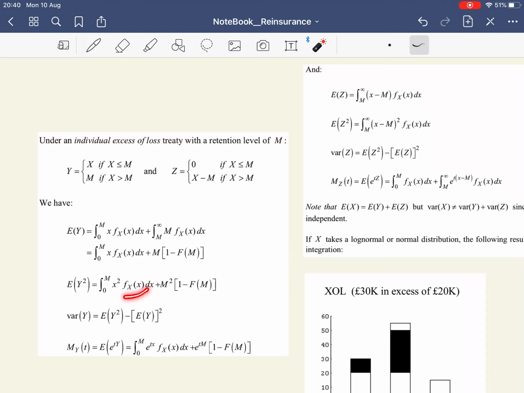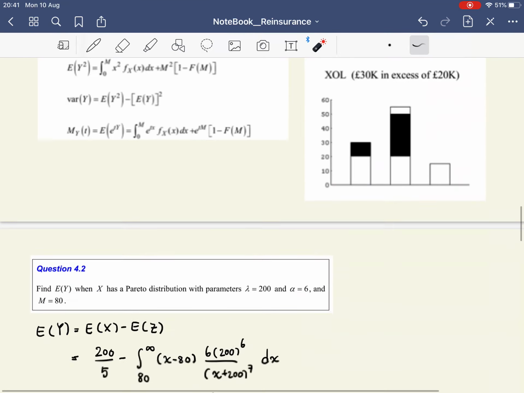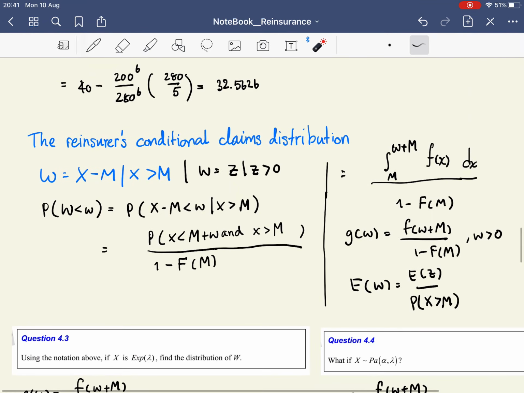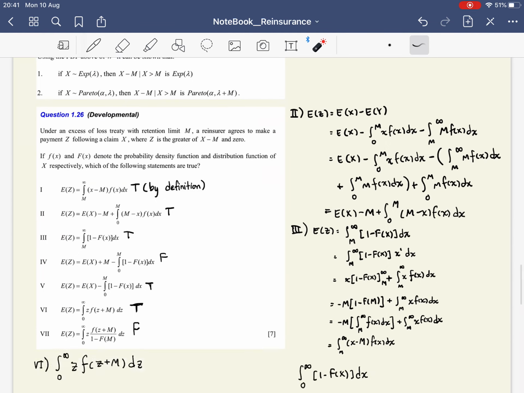Sometimes we need the second moment, the integral of x squared f(x), but it's not actually the second moment because it's not to infinity, it's capped at the retention limit. So in this part, we're going to talk about when this f(x) is a particular distribution where the integral has a nice formula to work with, which are the log normal distribution and the normal distribution. So let's see.